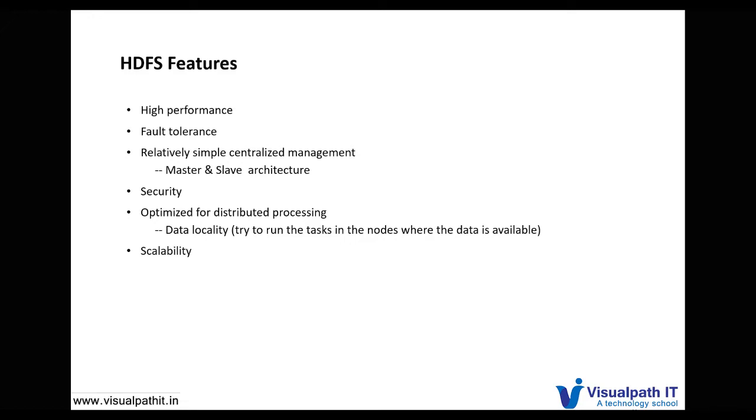Fault tolerance. We are storing 3 copies of data; each block is replicated 3 times. If 1 copy is lost, we have 2 more copies available. If 2 copies are lost due to some problem with the nodes, we have 1 more copy available.